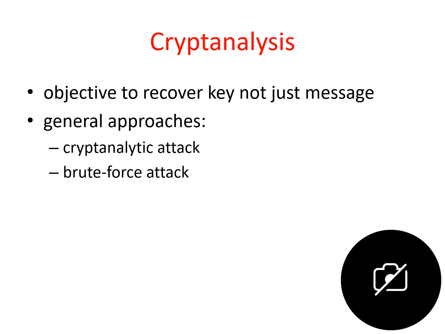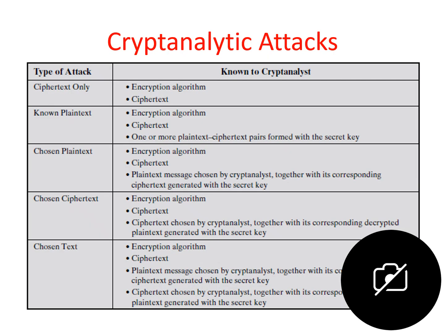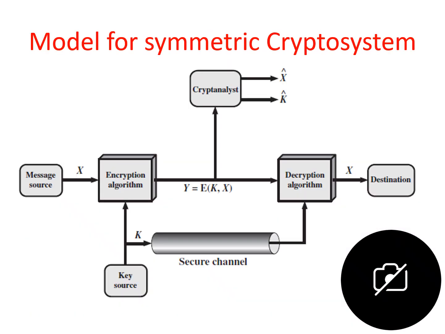So there are two approaches, cryptanalytic attack and brute force attack. So next one, cryptanalytic attacks. The types of cryptanalytic attacks are ciphertext only, known plaintext, chosen plaintext, chosen ciphertext, and chosen text.